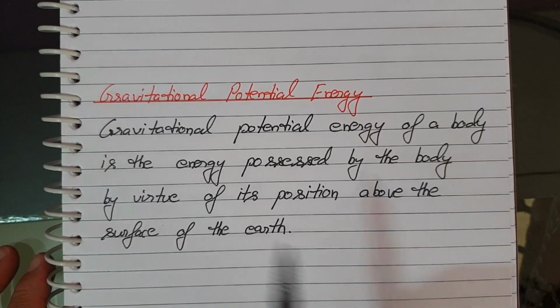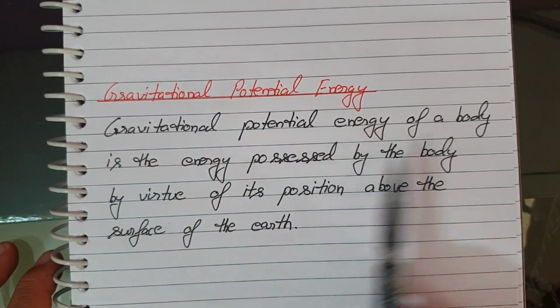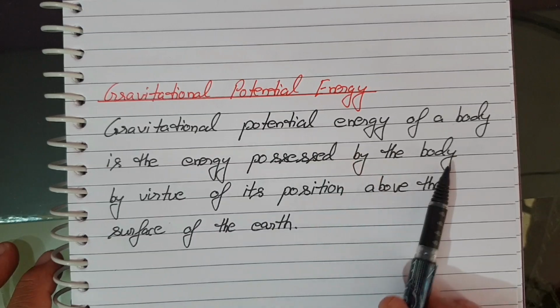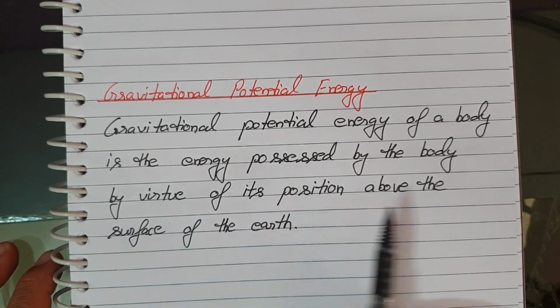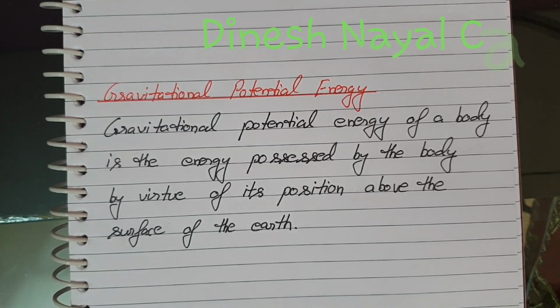Gravitational potential energy of a body is the energy possessed by the body by virtue of its position above the surface of the earth. In fact, the amount of work done in carrying the body from the surface of the earth to its present position against the gravitational force of the earth is stored in the body in the form of gravitational potential energy.